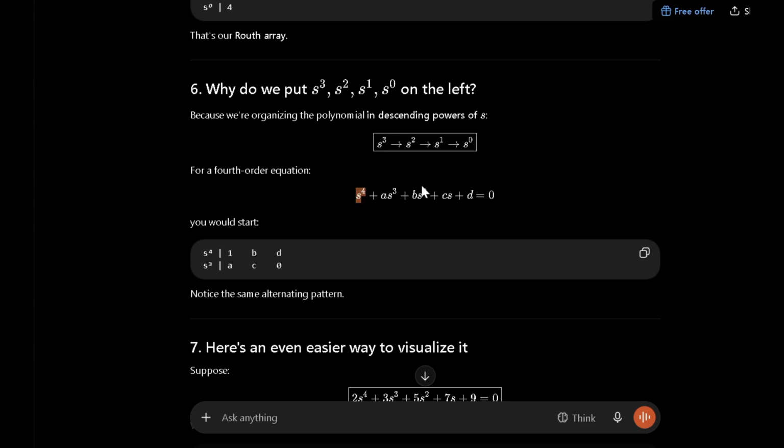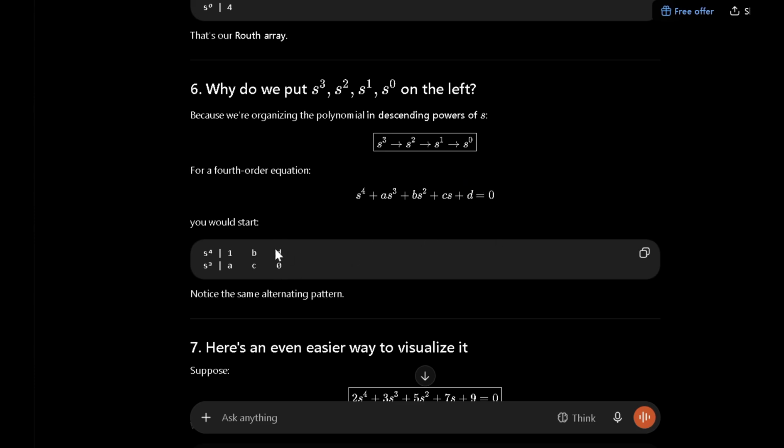If we take the S4 coefficient 1, leaving one, it is C here, leaving one, it is E here. Now do the same with S3: it is B here, leaving one, it is D here, leaving this, it is 0, there's nothing here, so we put 0.